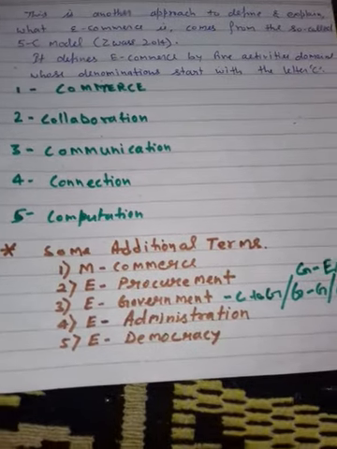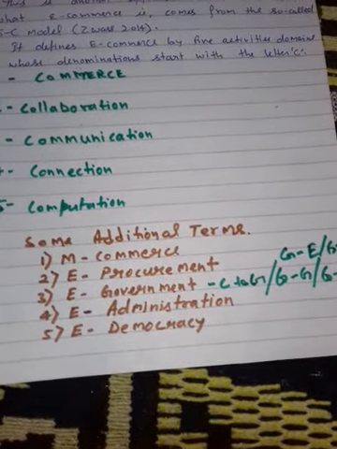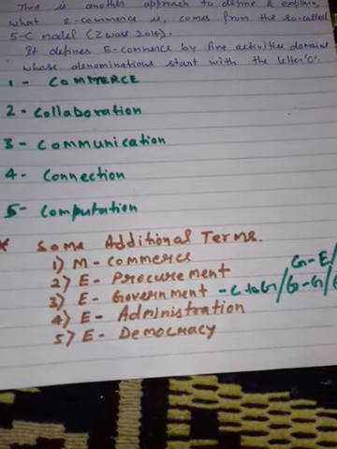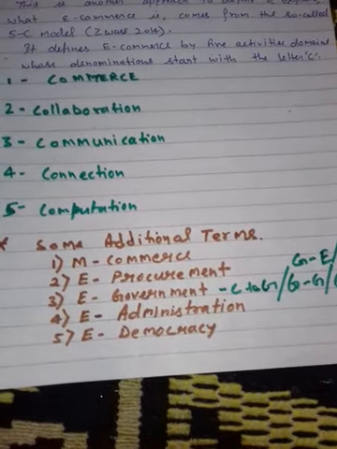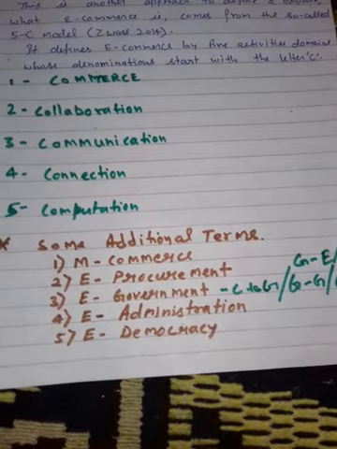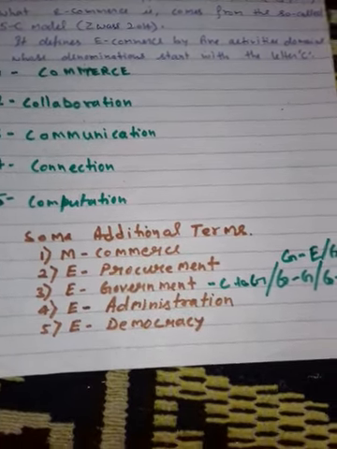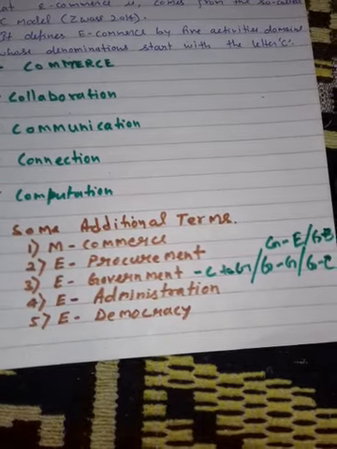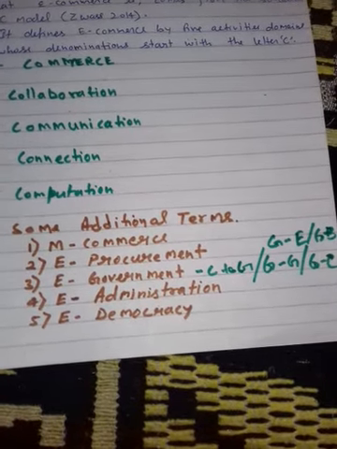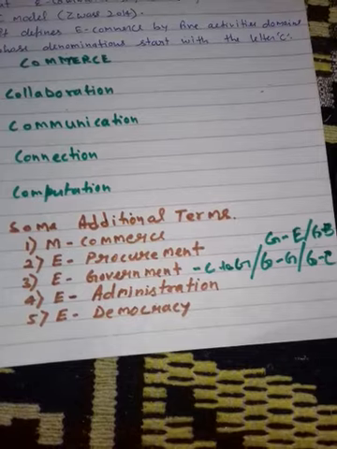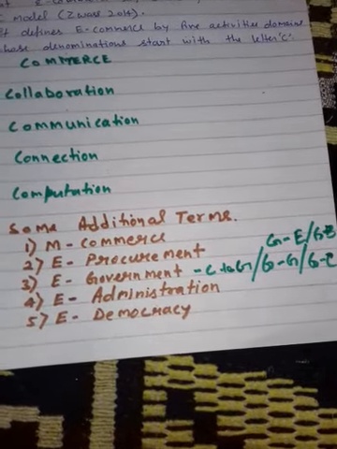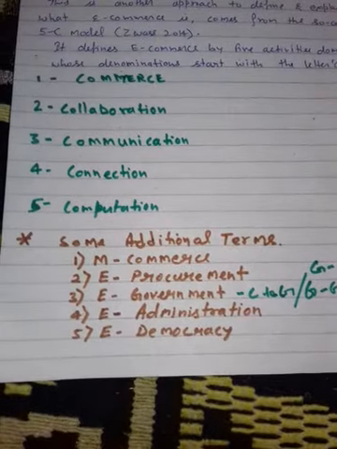These are the different terms we use in e-government. G2C means government to citizens, the interaction between the government and citizens. Between the government and employees it is G2E, and between the government and business and other commerce activities it is known as G2B. So there are different terms which we use in e-government.